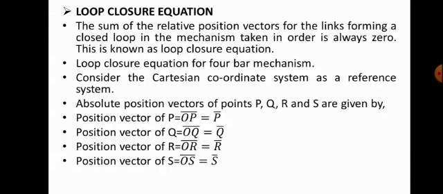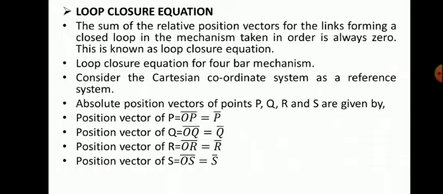Now let us see what the loop closure equation is. This is one of the important questions. What do we mean by a loop closure? The sum of the relative position vectors for the links forming a closed loop in the mechanism, taken in order, is always 0.